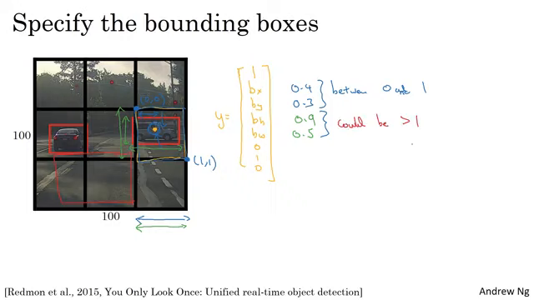So there are multiple ways of specifying the bounding boxes, but this would be one convention that's quite reasonable. Although if you read the YOLO research papers, there are other parameterizations that work even a little bit better, but I hope this gives one reasonable convention that should work okay.